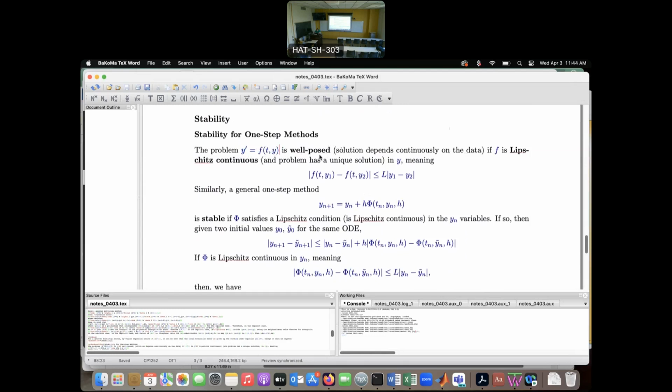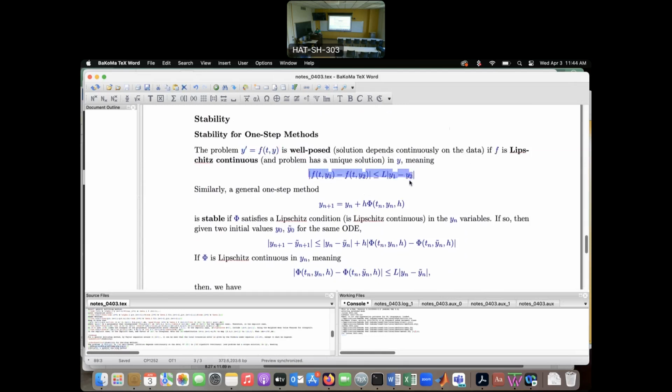And that's true if the function f, your time derivative, is Lipschitz continuous in the y variable. So if I evaluate f at the same t value with different y values, the difference between these f values is bounded by a constant L, called the Lipschitz constant, times the difference in the y values. If f is differentiable with respect to y, that's the same thing as saying the partial of f with respect to y is bounded by L. That comes from the regular mean value theorem for derivatives.